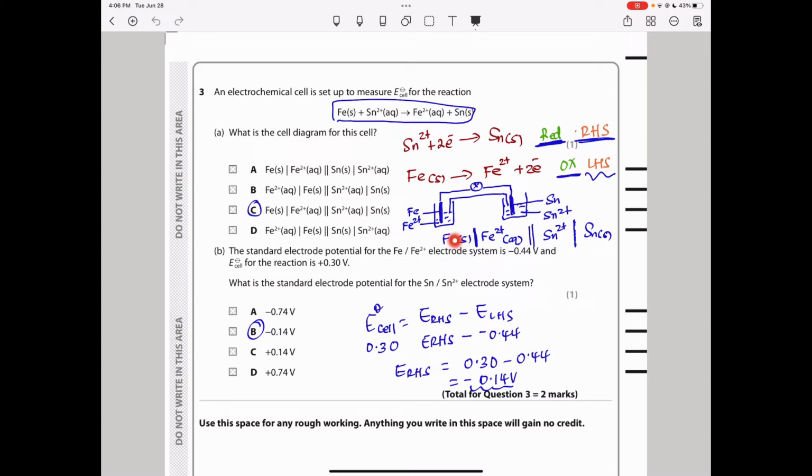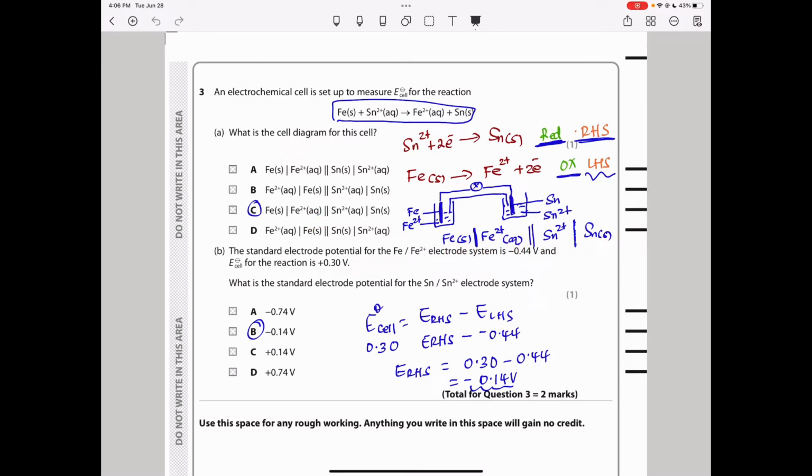So iron solid, a phase separator, then iron 2 plus, those are the ions. In this half cell, the most oxidized version is going to be closer to the salt bridge. Then in the other half cell, again the most oxidized version is going to be closer to the salt bridge, and then a division between the aqueous state and the solid state. So you can see that is going to be perfect. So the answer for this should be C because it fits whatever we have drawn here.